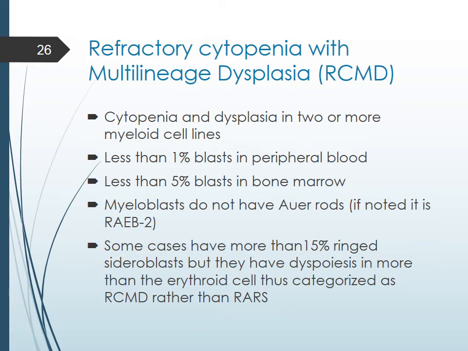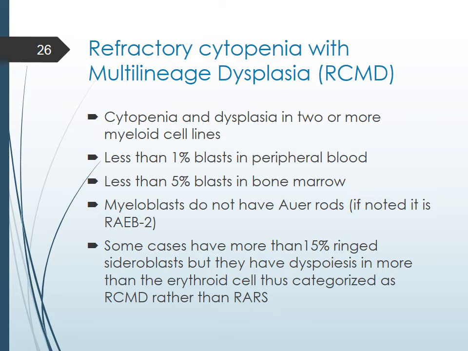Next one that we're going to talk about is refractory cytopenia with multilineage dysplasia, RCMD. This is characterized by one or more cytopenias, dysplasia in 2 or more of the myeloid cell lines. Remember, multilineage dysplasia. Here you have less than 1% blasts in the peripheral blood, fewer than 5% blasts in the bone marrow.